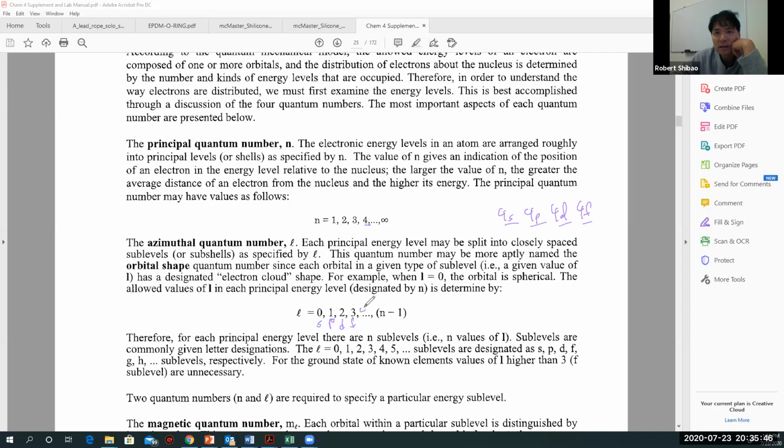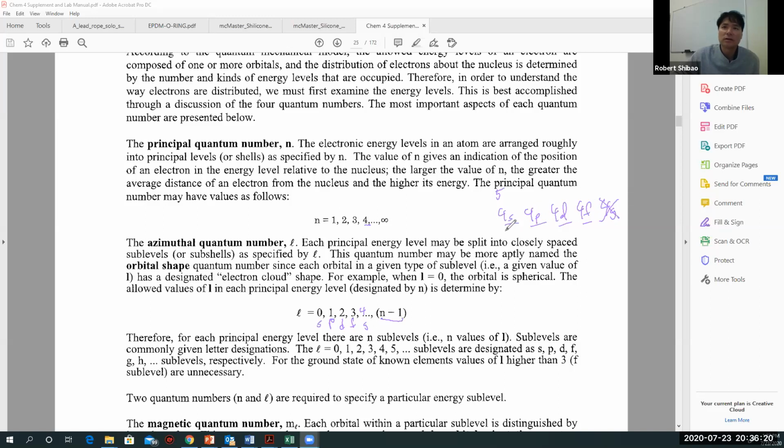After F comes G. I don't expect to see a 4G because I can only go to a max of n minus 1. Well, n's 4, the max is 3, and so 4F is the max. However, when I get to n equals 5, then a 5G orbital is possible according to the Schrodinger equation. So that's how we use these mathematical restrictions here.